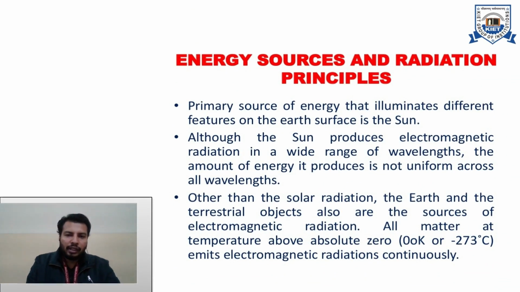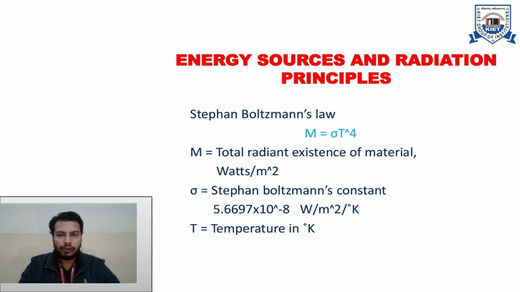Now, energy source and radiation principle. We know what an energy source is: the source that is able to generate electromagnetic radiation. Depending upon the technique, if we are using a natural source like the sun, we are performing the passive remote sensing technique. If you want to estimate the total quantity of energy, or the total radiance, emitted by radiation, we have some laws.